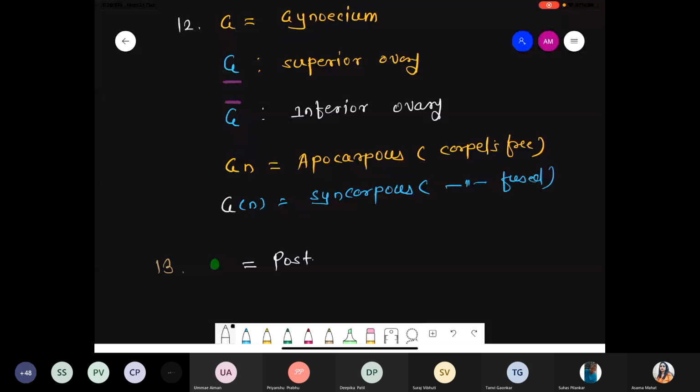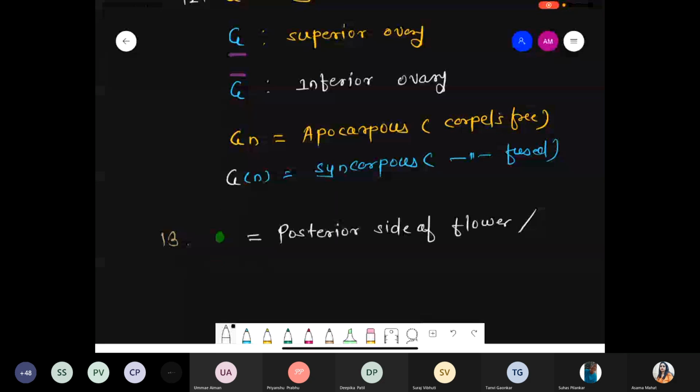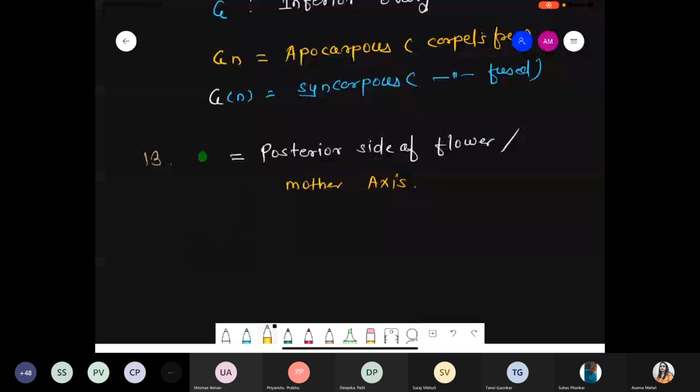Open the NCERT and you will see on the head, exactly at the center, a dark point is present as a symbol. That represents the posterior side of the flower, or in other words, it is also called the mother axis.